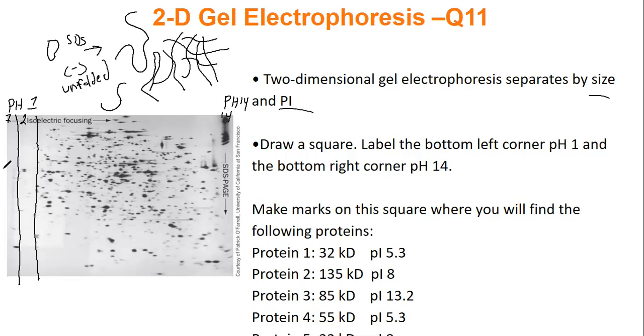All right, so getting back to this idea of 2D gel electrophoresis, like I was saying, each section of the gel has a different pH. And the first thing you do is this isoelectric focusing, where you give an electrical charge going from left to right.